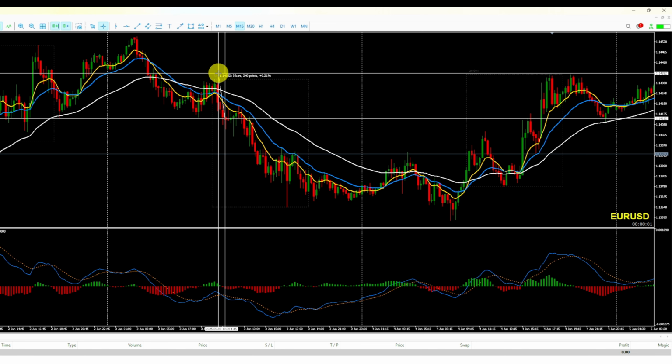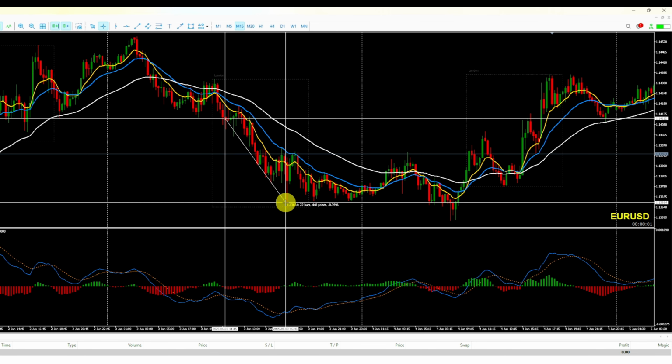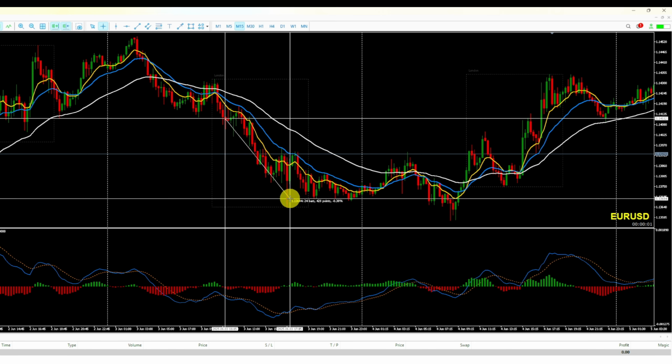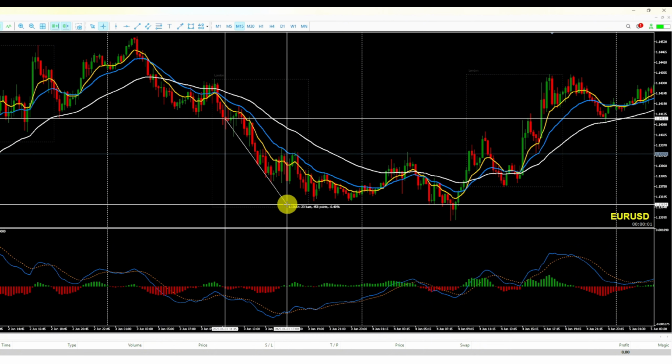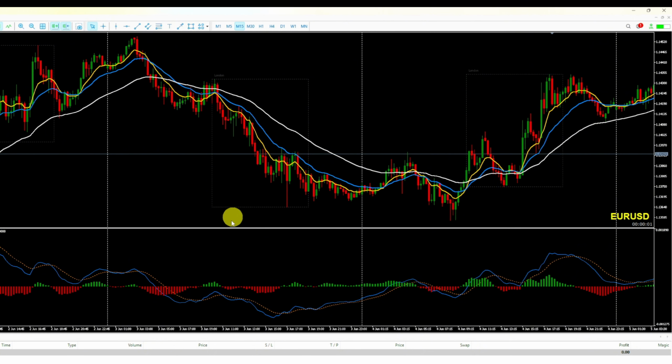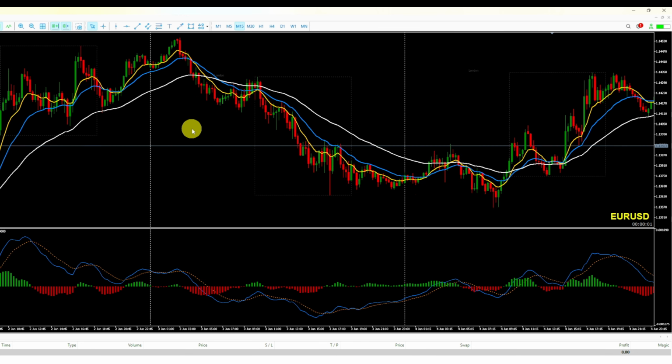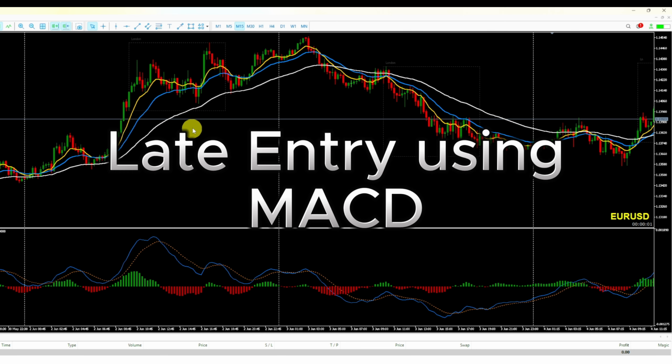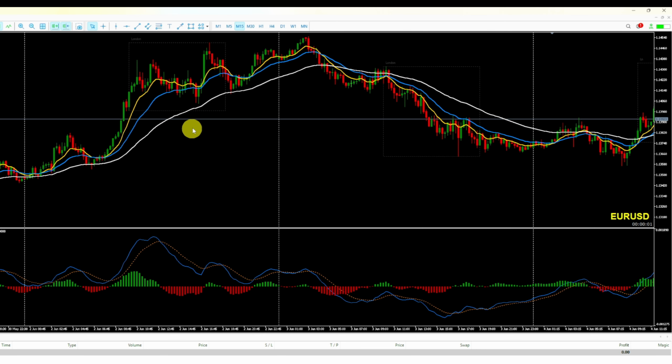So at that point, the stop loss would have been 24, and we didn't quite get a 2R out of that one. So using the MACD in this case, it would appear that we would have actually been entering the trade a little bit later than we would have if we were using the moving averages alone.